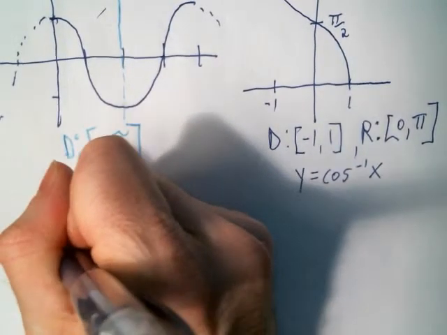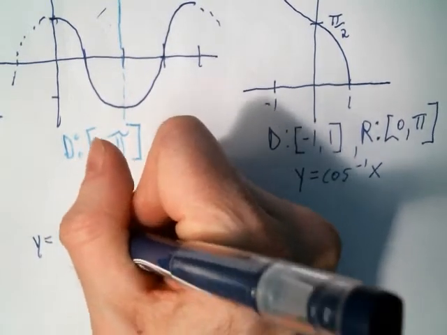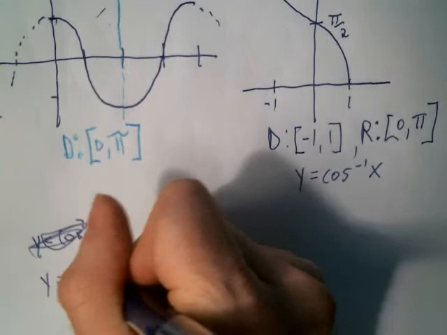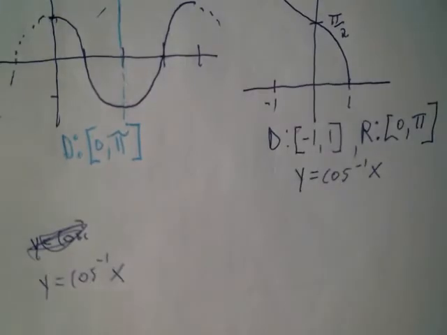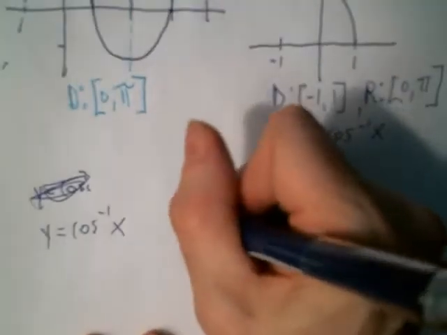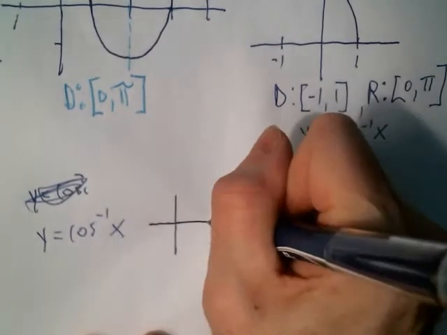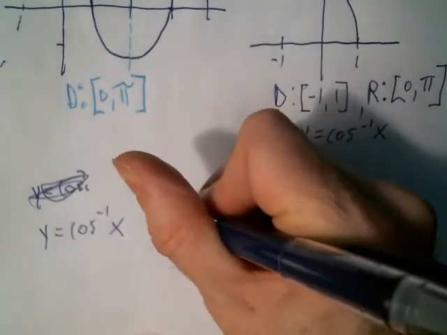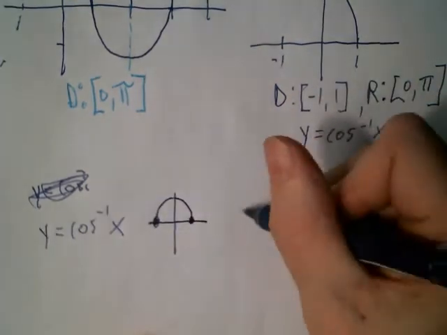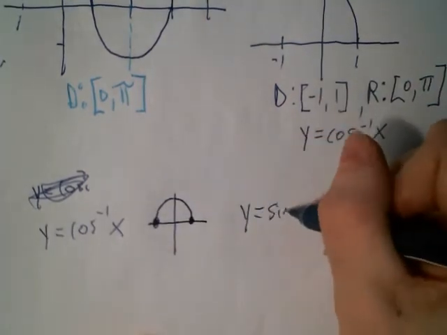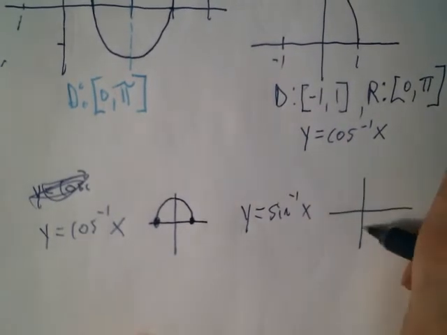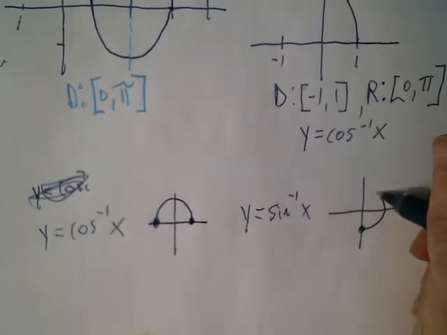For y equals cosine inverse, the range, and I'll do sort of a unit circle graph looking thing, is going to be from 0 to pi. For y equals sine inverse of x, the range is going to be from -pi over 2 to pi over 2.